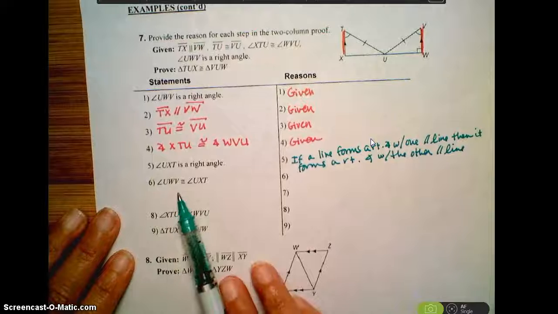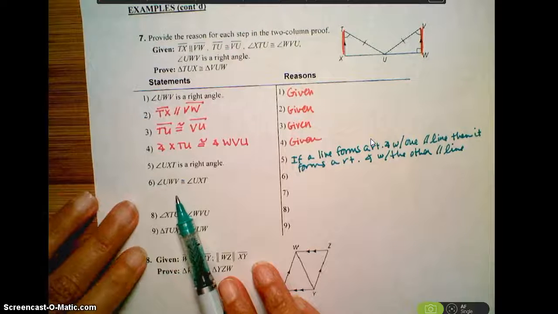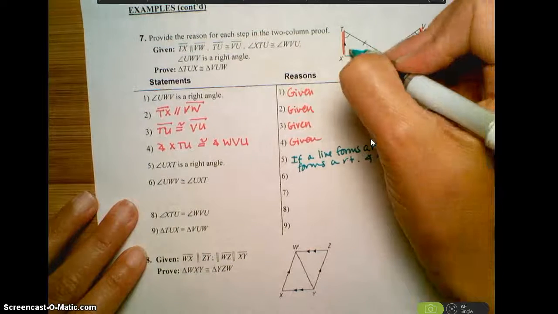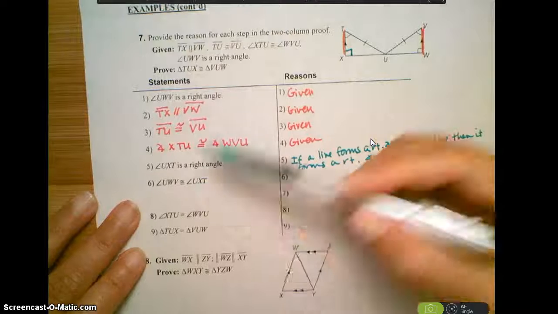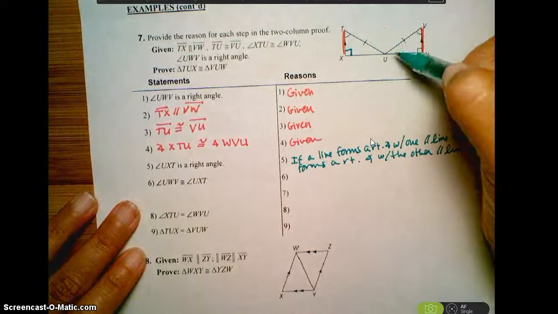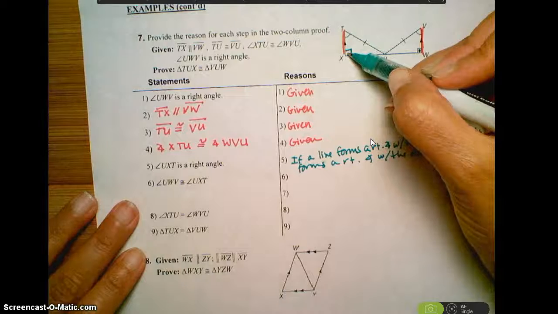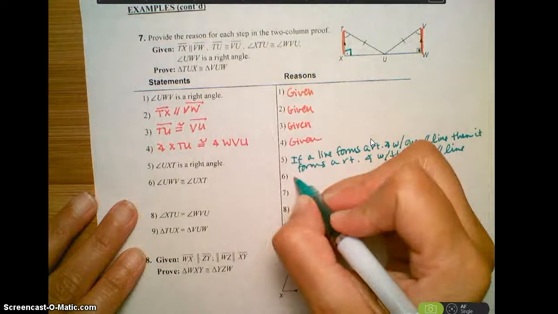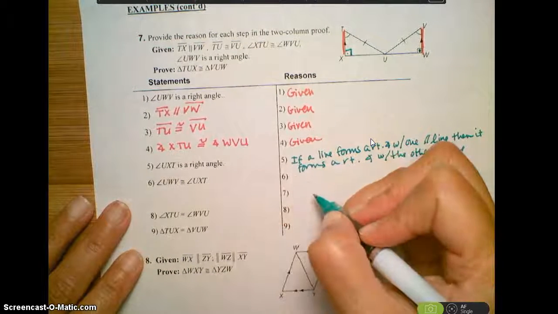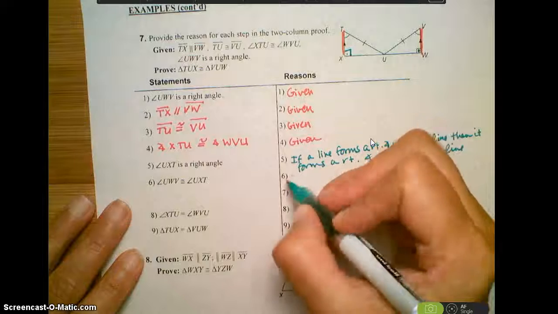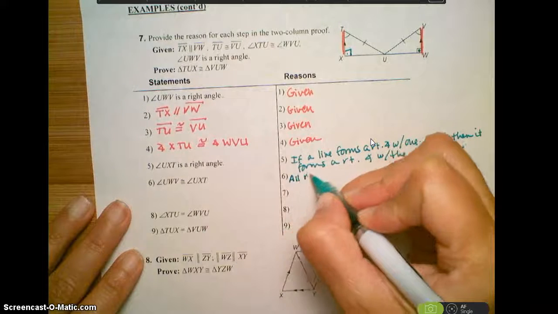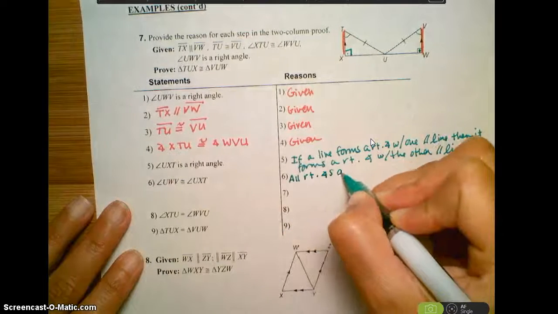Okay, for number 6, why do we know that angle UWV, that's this guy, is congruent to angle UXT? That's that guy. Well, that would be because all right angles are congruent.